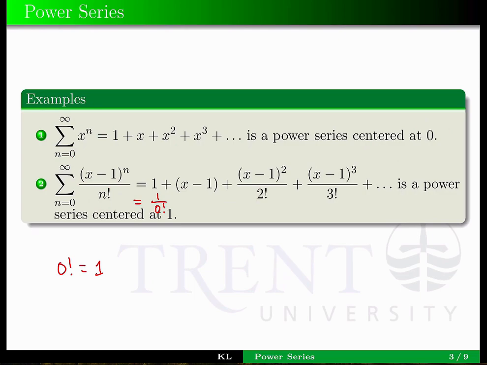That's why you see 1 in here. And then, of course, we have 1 over 1 factorial, which is also equal to 1. So you notice that the coefficient of (x minus 1) here is equal to 1. And then when n equals 2, you have 2 factorial here, that's squared. When n equals 3, this is 3 factorial here, this is cubed, and so on and so forth. So this is a power series centered at 1. Okay?